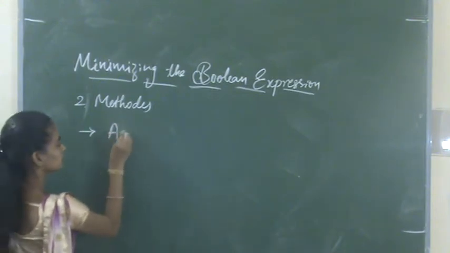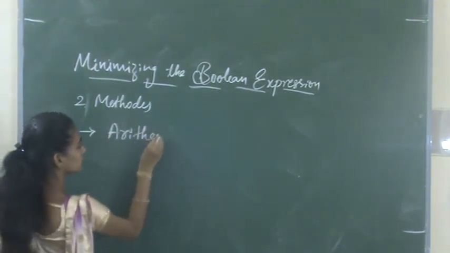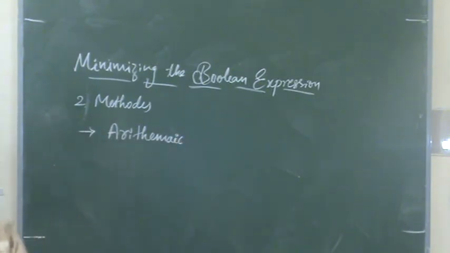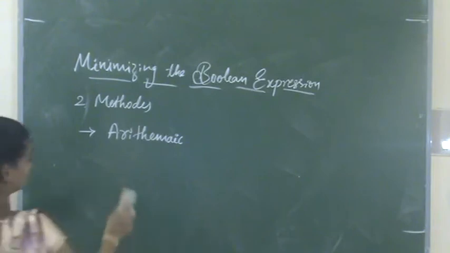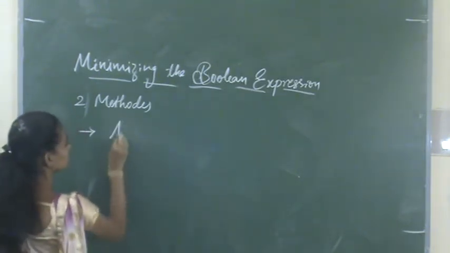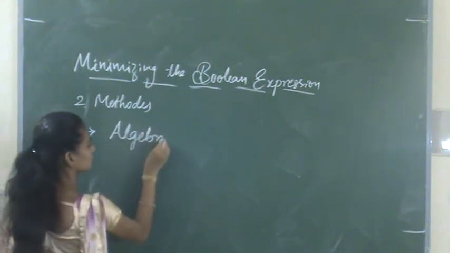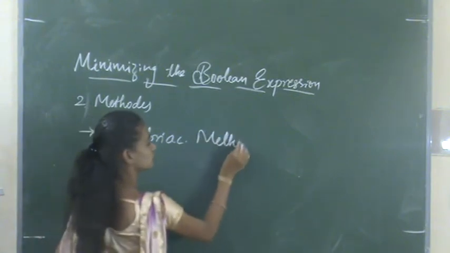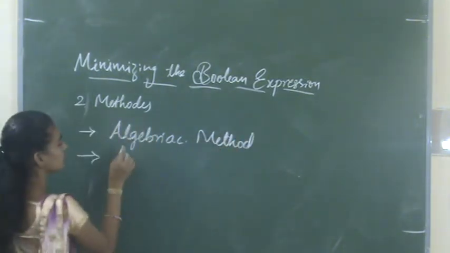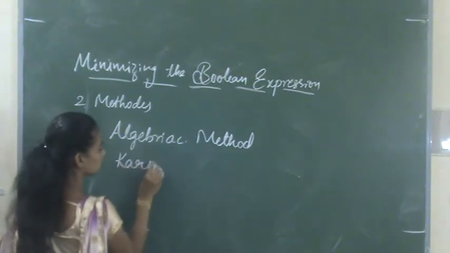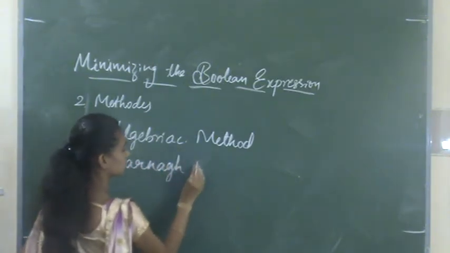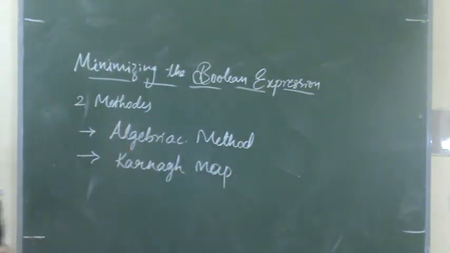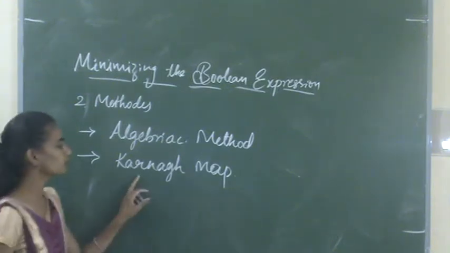One is the Boolean algebraic method, and another one is the Karnaugh map.